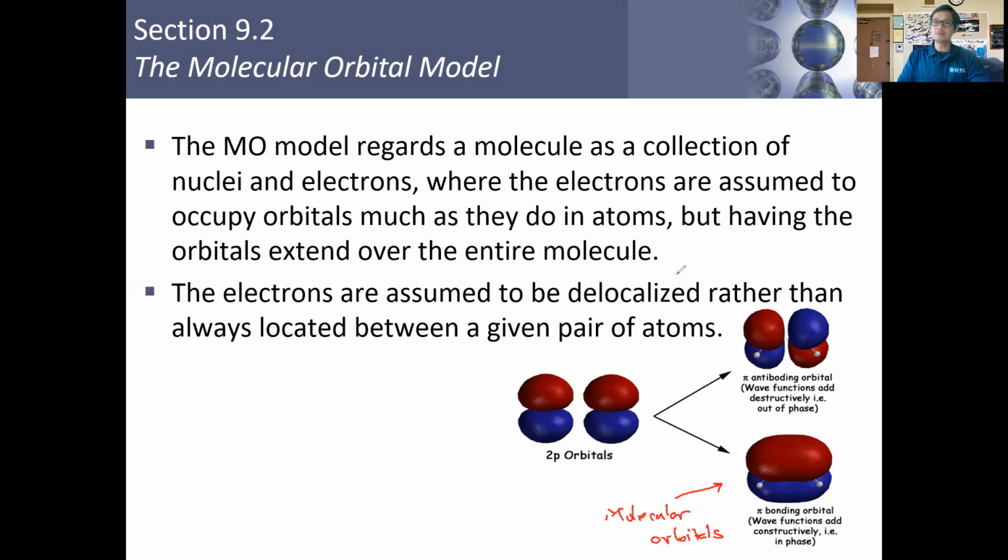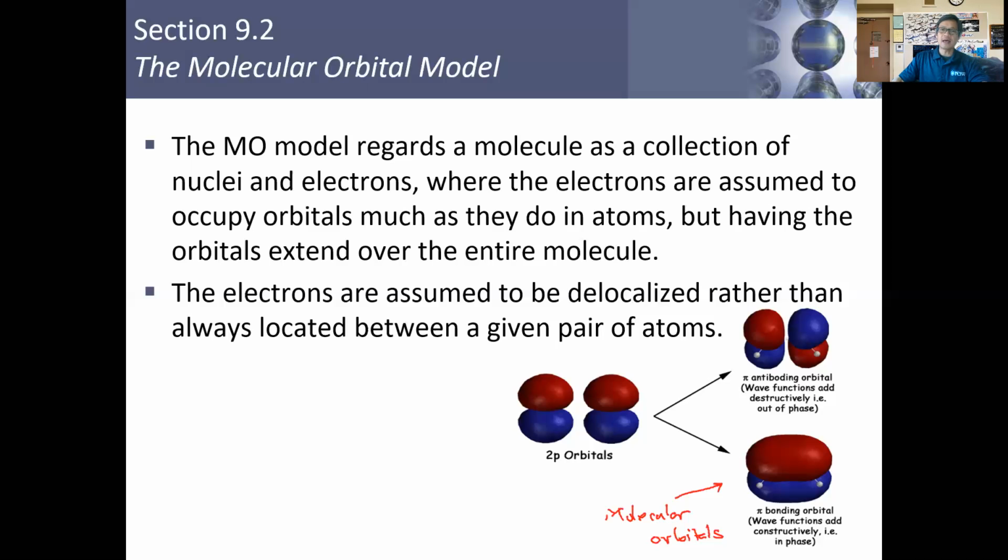That's the key difference between hybridization and what's going on here. Hybrid orbitals involve only one atom, which mixes its atomic orbitals together. With molecular orbitals, you have two or more atoms getting together. For our discussion moving forward, we're only going to focus on two atoms mixing their atomic orbitals together. That's going to be key.